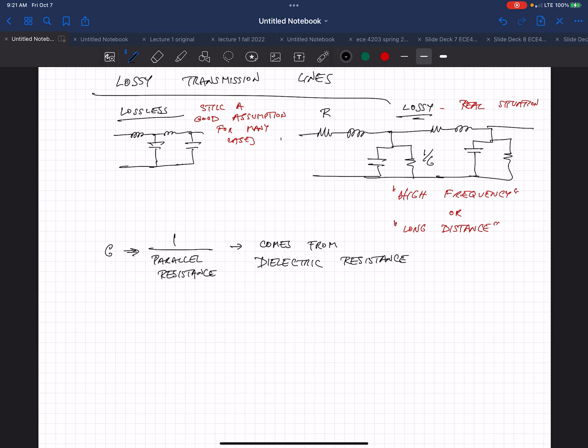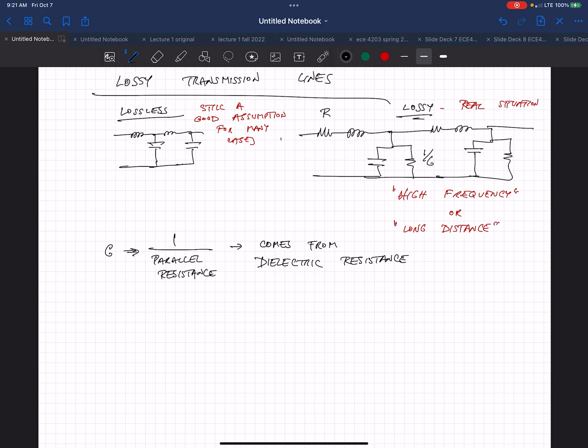So let's say a dielectric is our insulator. So if you have a wire, let's say your transmission line is the simplest transmission line, a twisted wire pair, right? Each wire has got a metal at the center, then it's got some kind of an insulation on the outside of the wire, right?